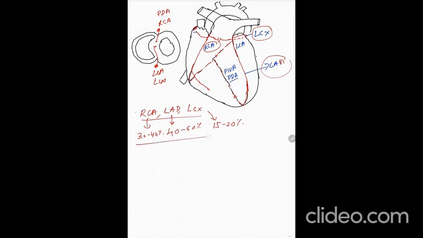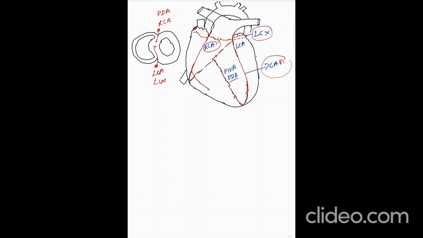So remember this one, as it may be used for examinations. 40 to 50% of the blocks in the LAD, 30 to 40% in the right coronary artery, and 15 to 20% in the left circumflex artery.